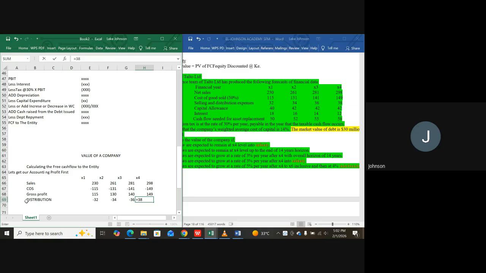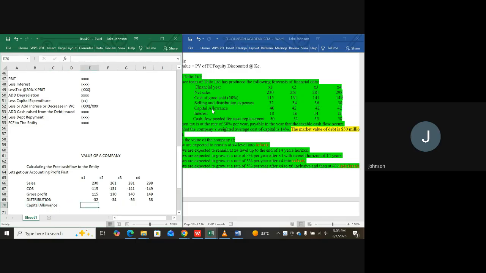Then the next thing we want to do is go to the next. What's the next thing apart from those things? We've done selling and distribution. The next thing we're going to check is our capital allowance, which is our depreciation. So our capital allowance, we have it here.